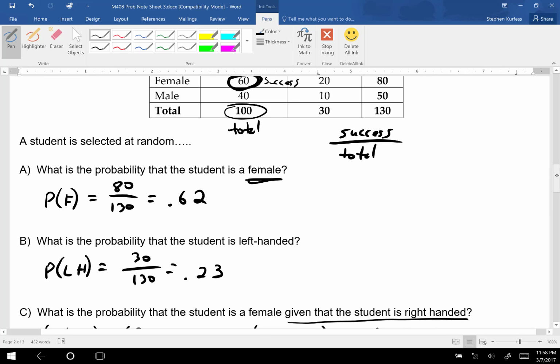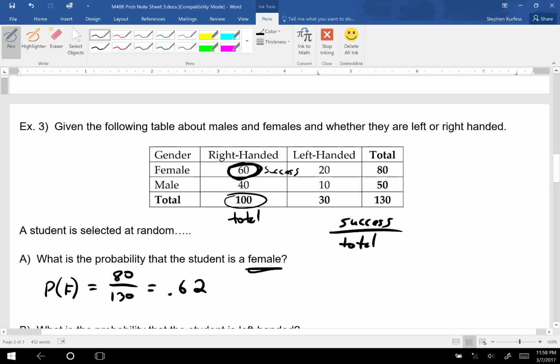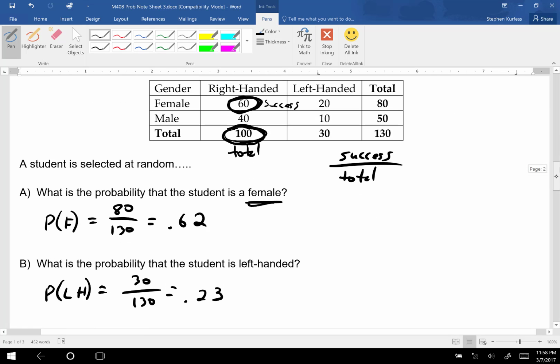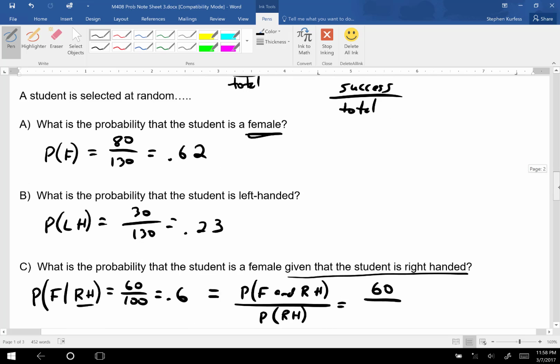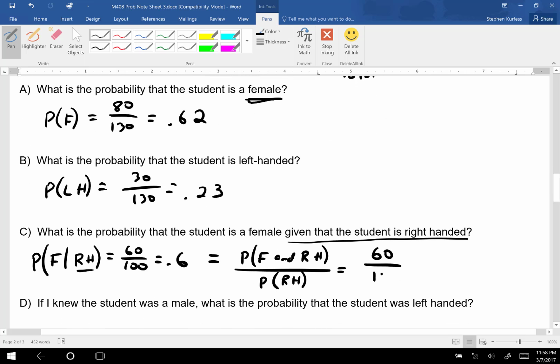Well, out of the total, how many right-handed people are there? There are 100 right-handed people. Right? So you go down here, and there are 100 right-handed people. So we get the same thing.